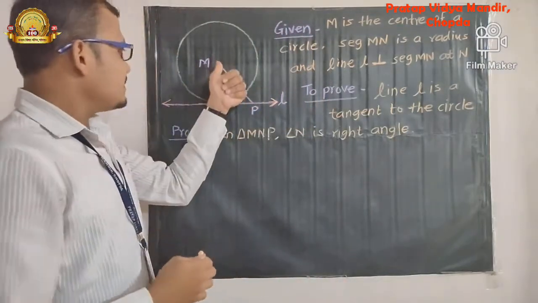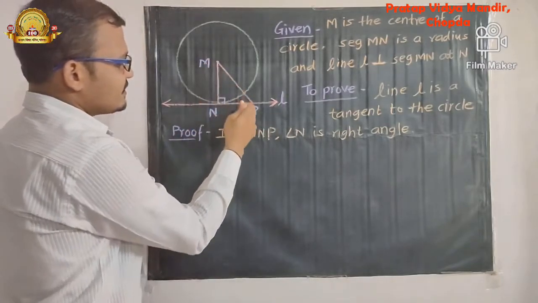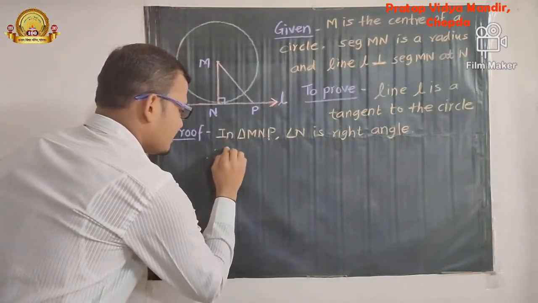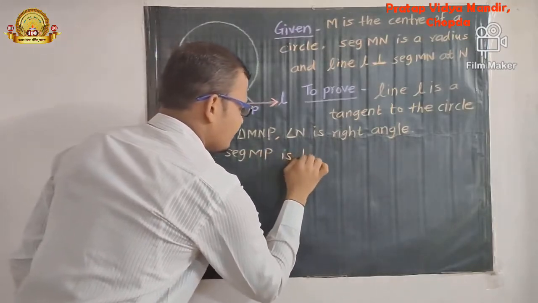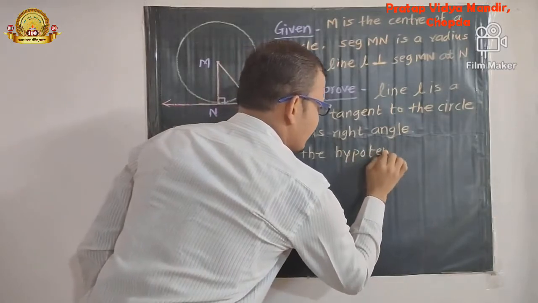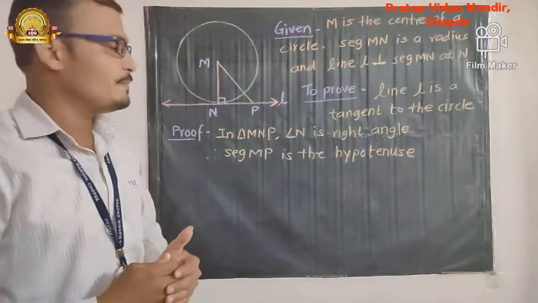And as this triangle MNP is a right angle triangle, clearly segment MP is the hypotenuse. Therefore, segment MP is the hypotenuse of right angle triangle MNP.